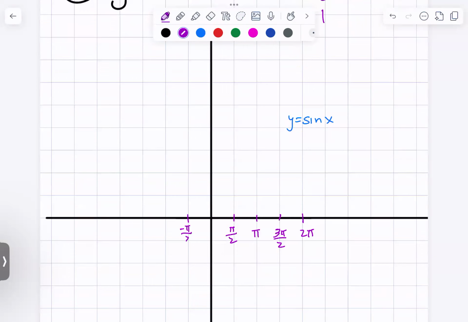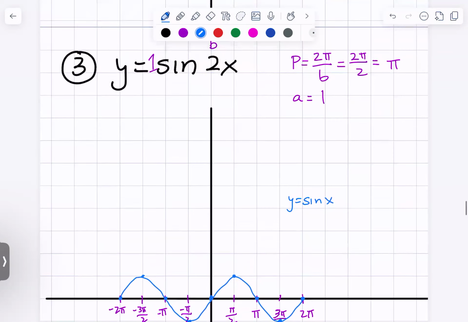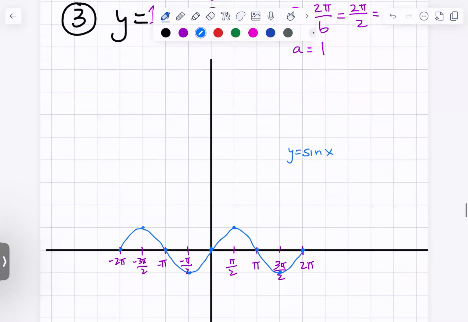This is negative pi over 2, negative pi, negative 3 pi over 2, negative 2 pi. Okay, graphing the original function will just be like this, right? And then you guys can see that it goes like that, right? That's the original function, my parent function. But now my period is pi.